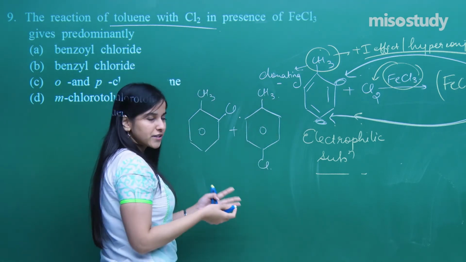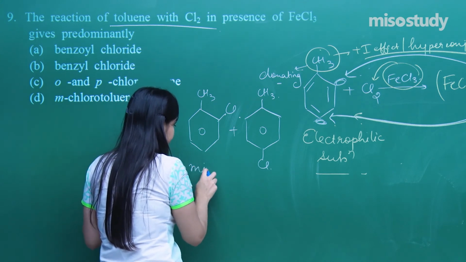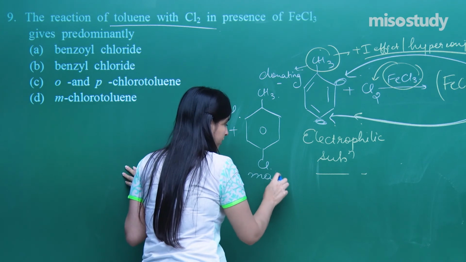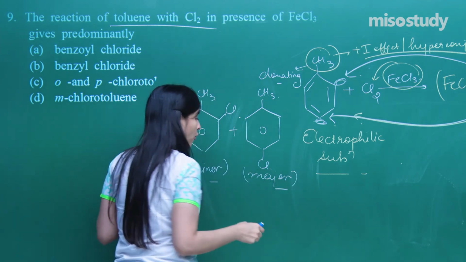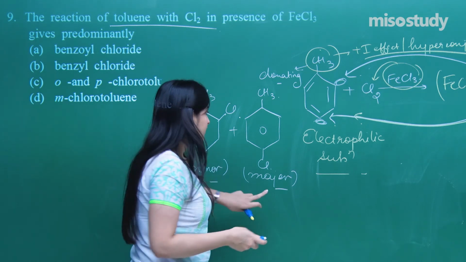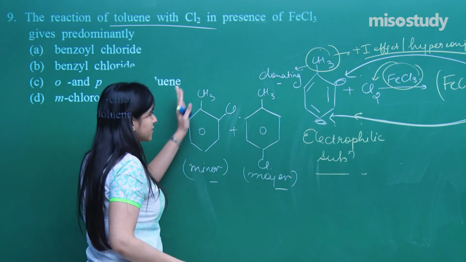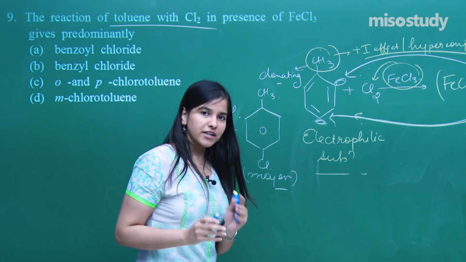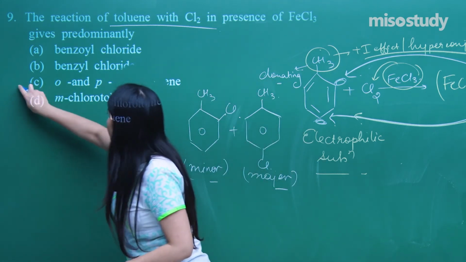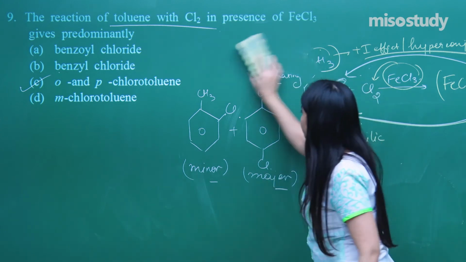These are the two products that we are getting here, and this product is minor due to the symmetry issues, and this is a major product, that means having the highest possible amount formed. This is in a major quantity due to symmetry, as you can say, this is symmetric and this is slightly non-symmetric. So that is what is going on in this reaction. I hope everybody has got it. C is the answer. Let's move on to the next.